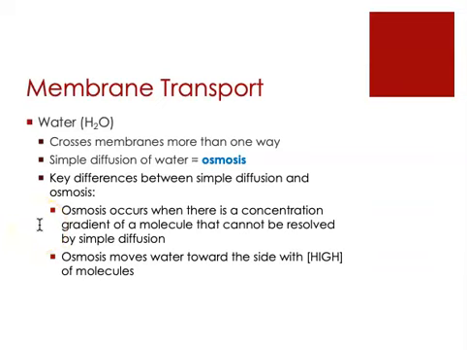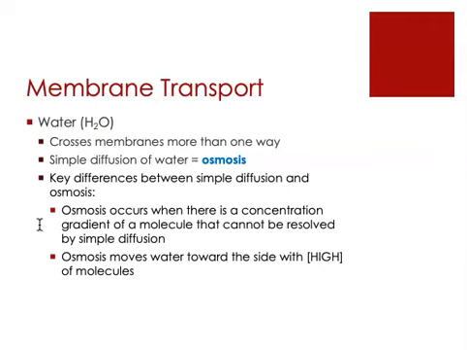Osmosis is going to occur when there's a concentration gradient for a molecule, but it's a molecule that cannot cross the membrane using simple diffusion. In other words, the concentration gradient can't be resolved. It can't be fixed.